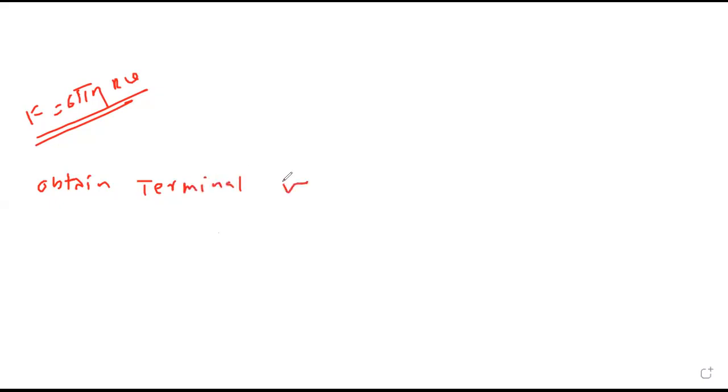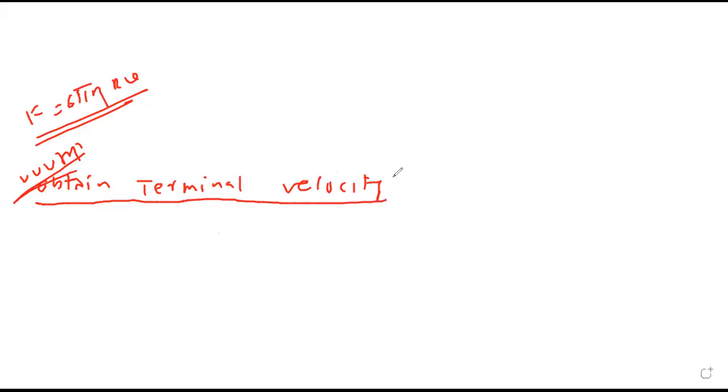Obtain terminal velocity. I feel one numerical you can expect on this. See, terminal velocity means at the end what is the velocity acquired. At the end means it will neither increase nor decrease.